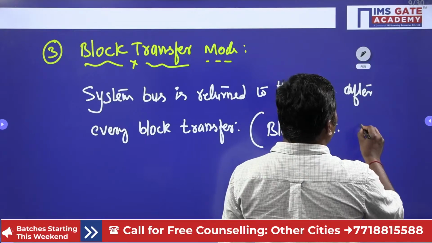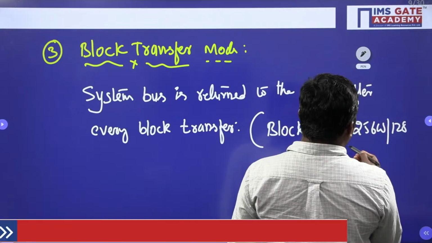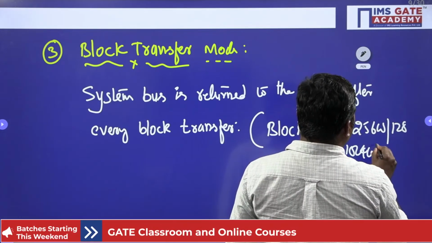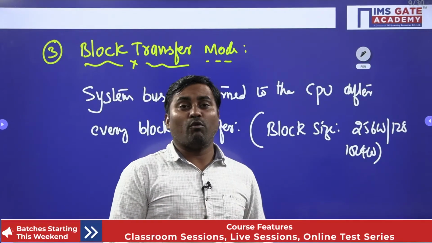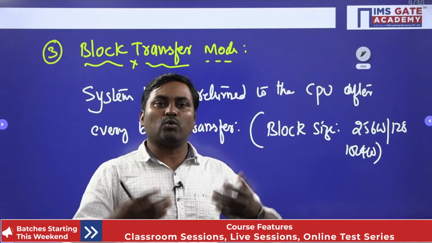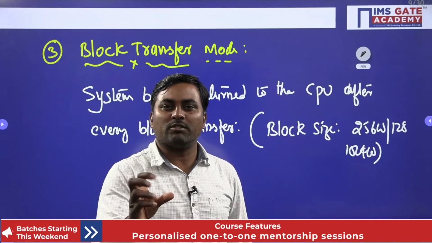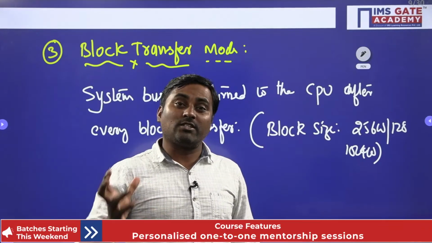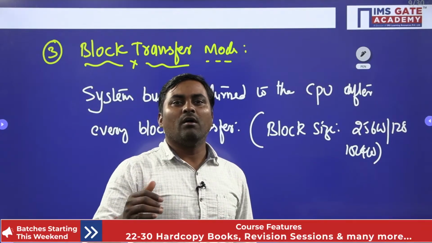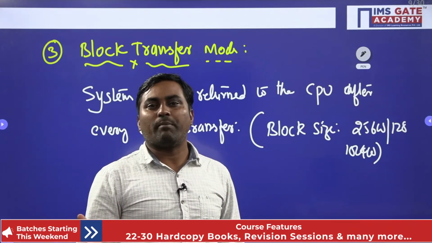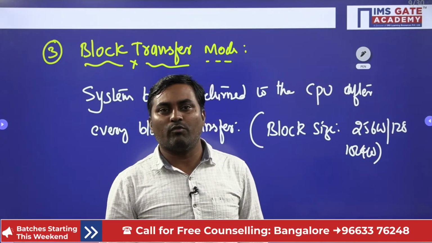Suppose, let's take the example of 256 words. Or 128 words, or it may be 1024 words, like this. The block size is more than one word: 64 words, 128, 256, even 1024. Now instead of releasing the system bus after every word transfer, or instead of releasing it only after completion of the data transmission, you release it in the middle after every block transfer. What happens? The CPU waiting time is less, and the DMA waiting time will also be managed.